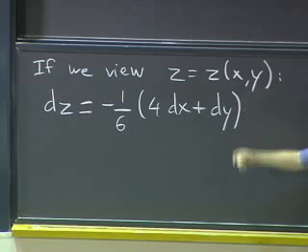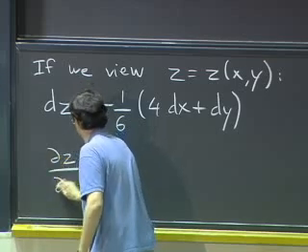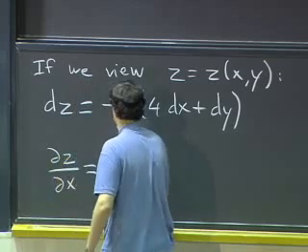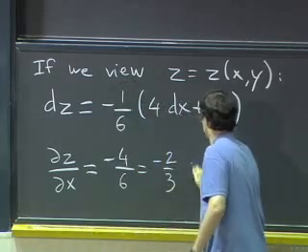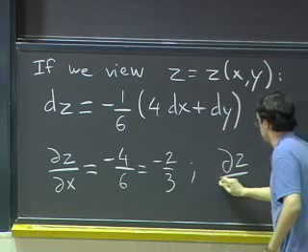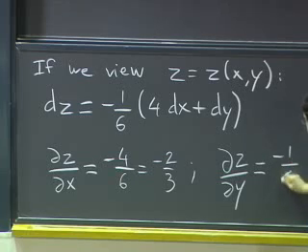And so that should tell you that partial z over partial x is minus 4 over 6. Well, that's minus 2/3. And partial z over partial y is going to be minus 1/6.